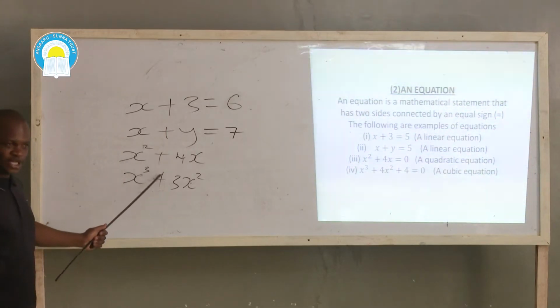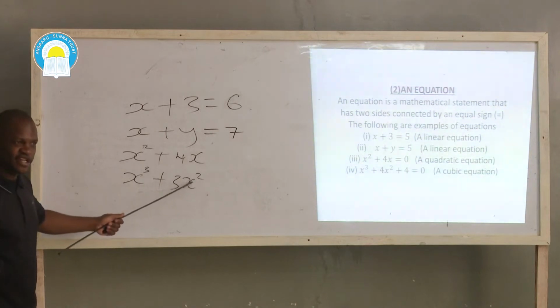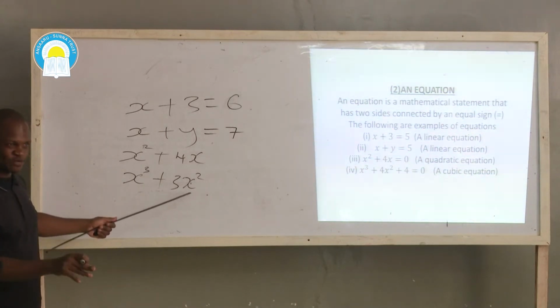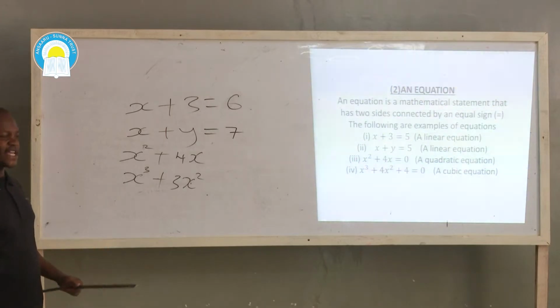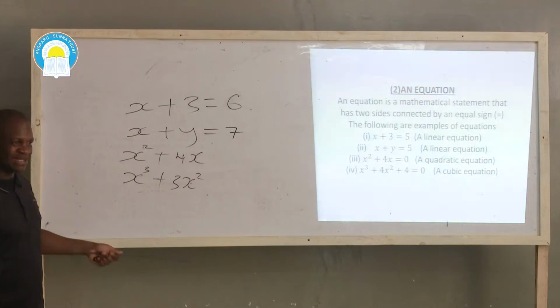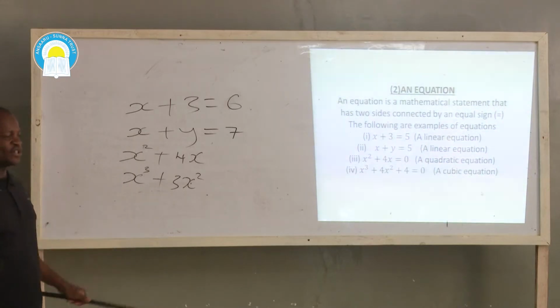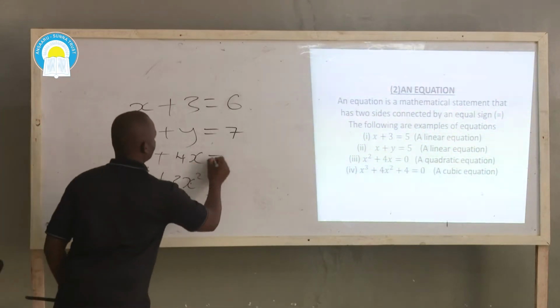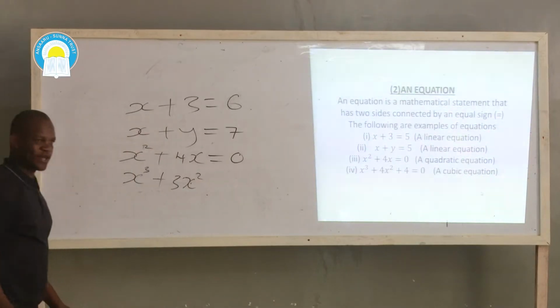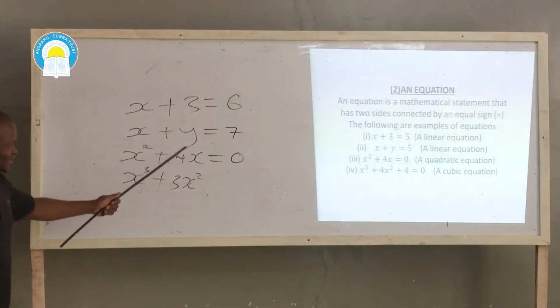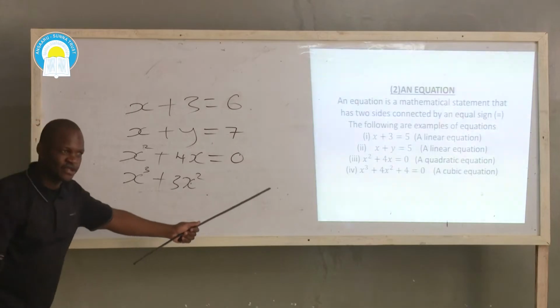Now, here we have x squared plus 4x. What is this? A quadratic expression. But the moment I add an equal sign, then of course a number or maybe a letter, it becomes an equation. For example, I have x squared plus 4x is equal to 0.